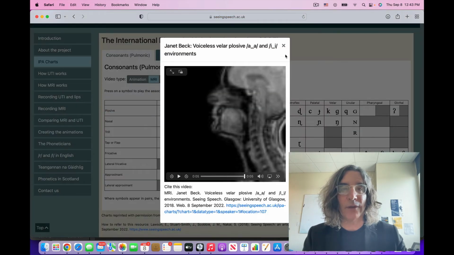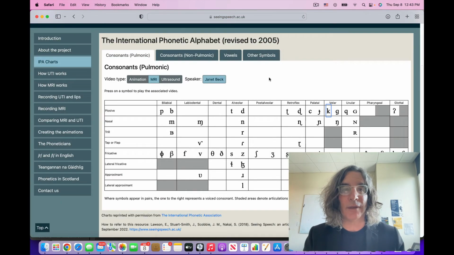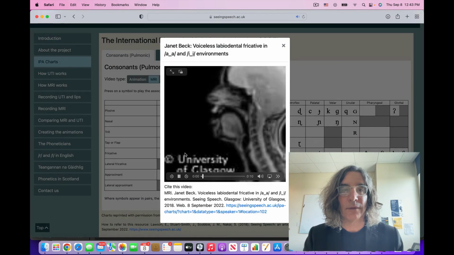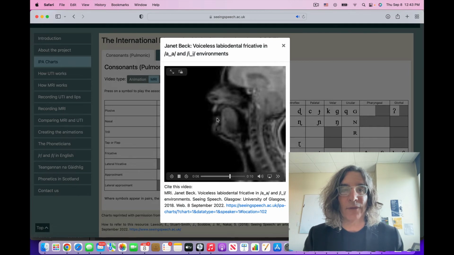And so let's take a look at a few of these with the MRIs. We could try fa first, so labiodental. And so you can see the contact again in the consonants there.